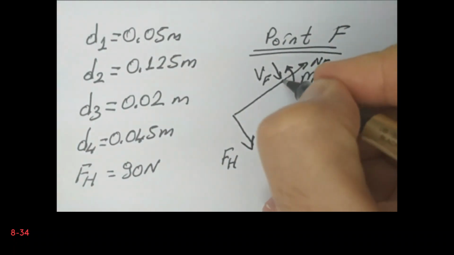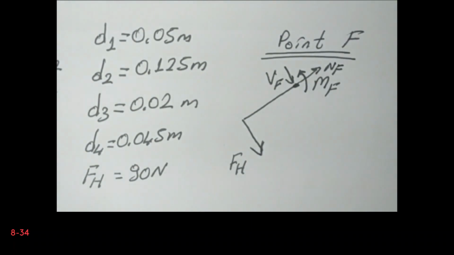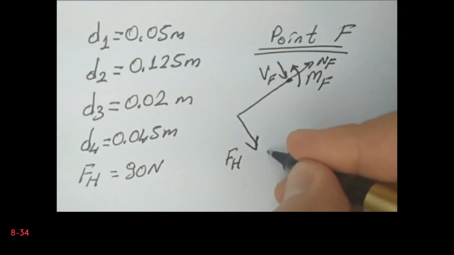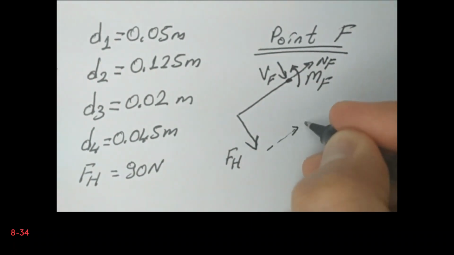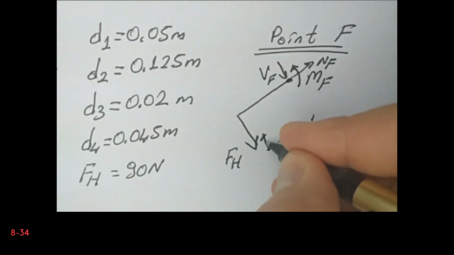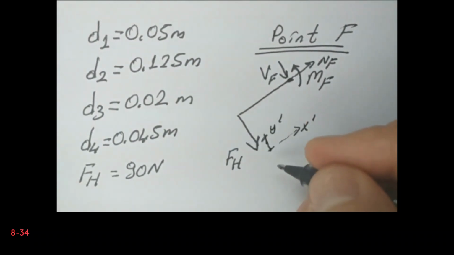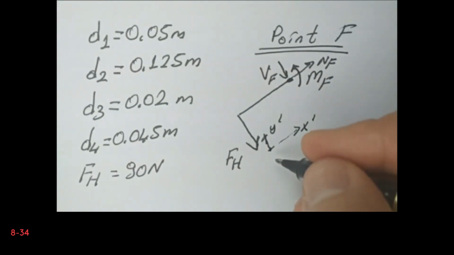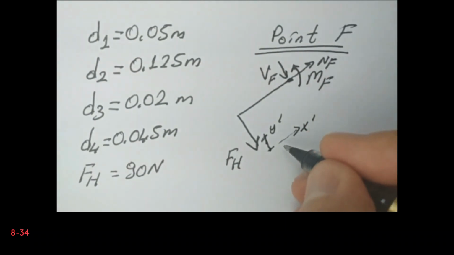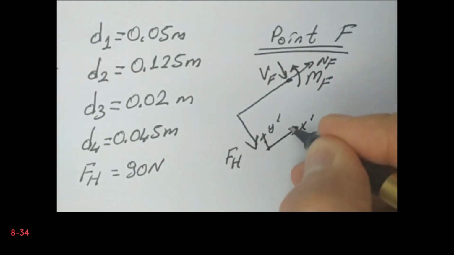Now we choose another coordinate system, let's say x prime and y prime, which is parallel to the load arm, in order to make things clear and simple.